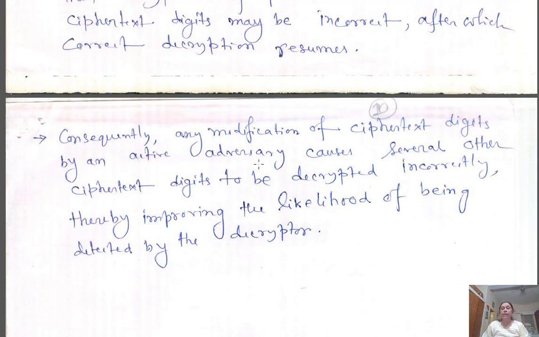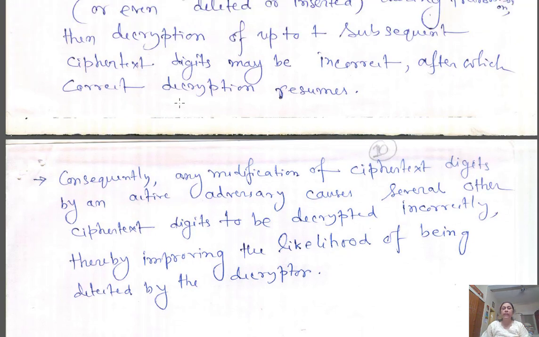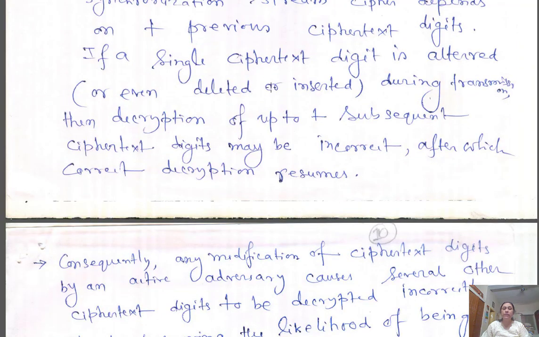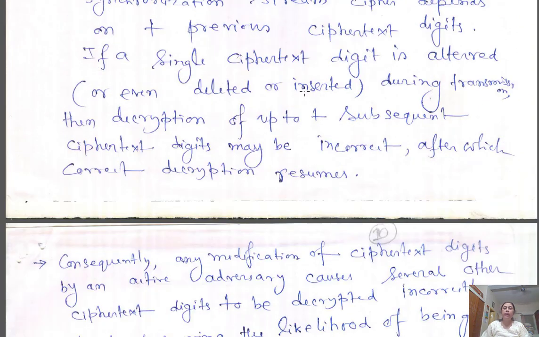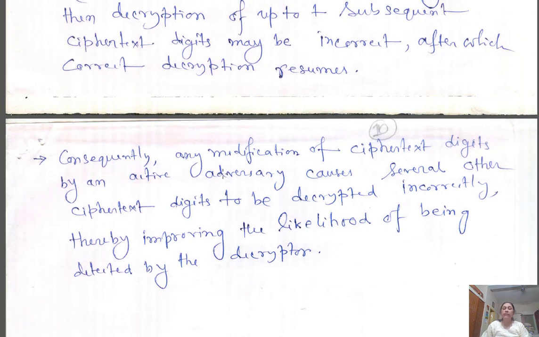So you can detect the presence of an active attacker because you are getting incorrect decryption because of this limited error propagation.